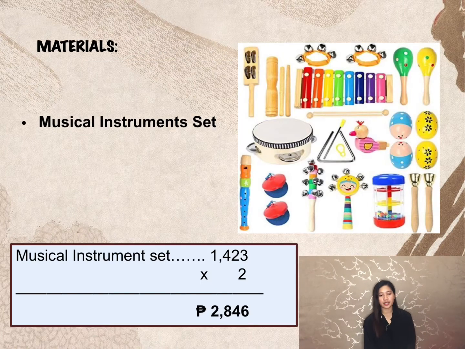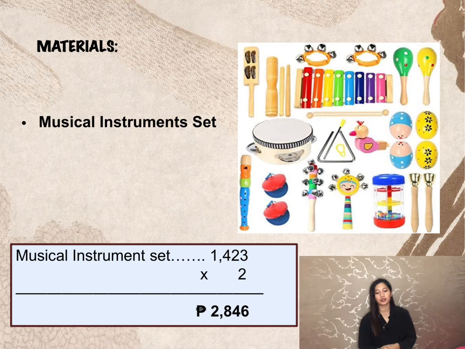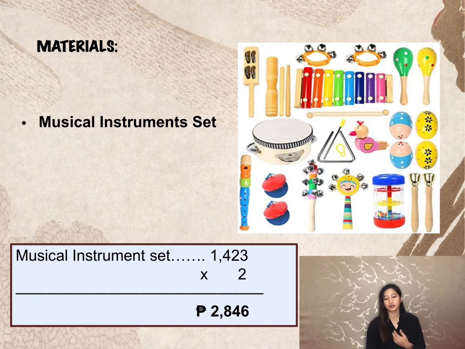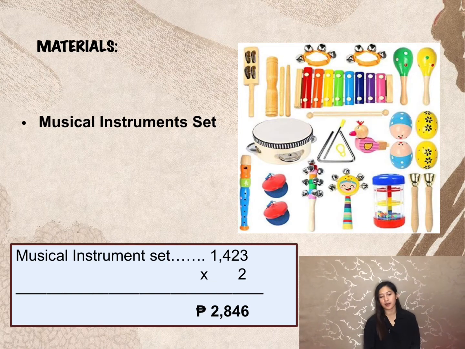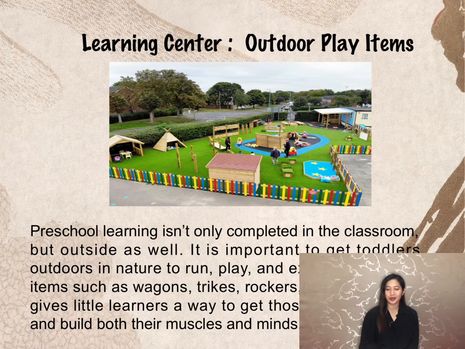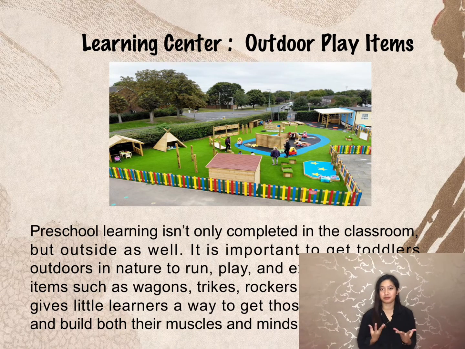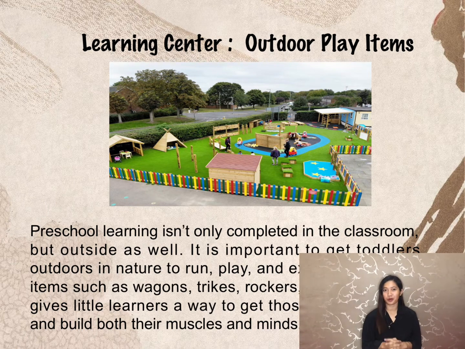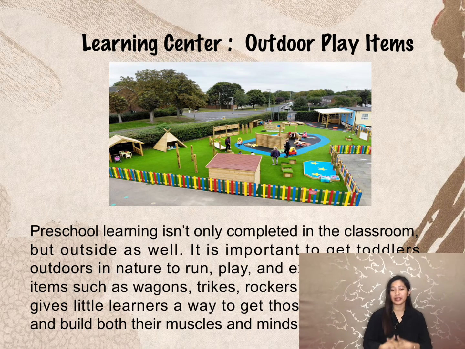So the materials that I'll be needing are the musical instrument sets. The musical instrument set costs 1,423 pesos, but I want to buy two sets. So 1,423 times 2 is equal to 2,846 pesos.